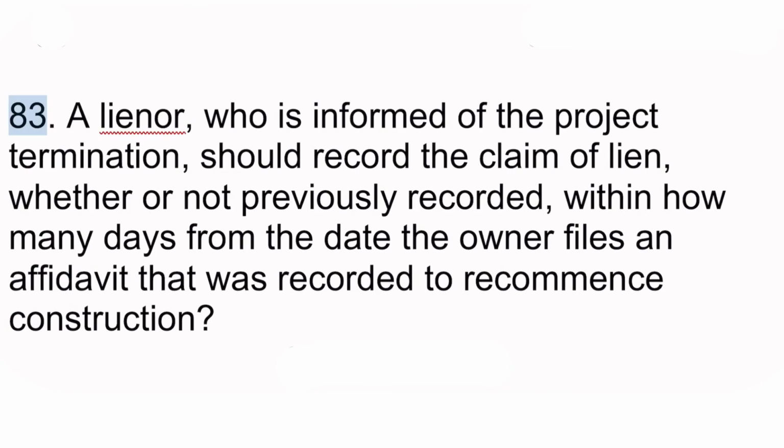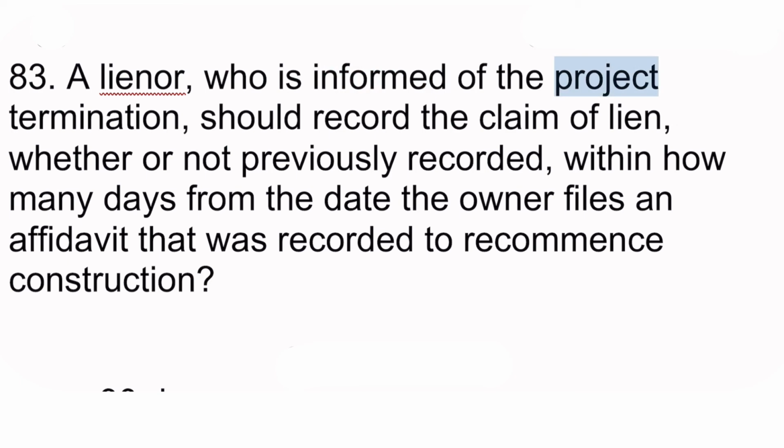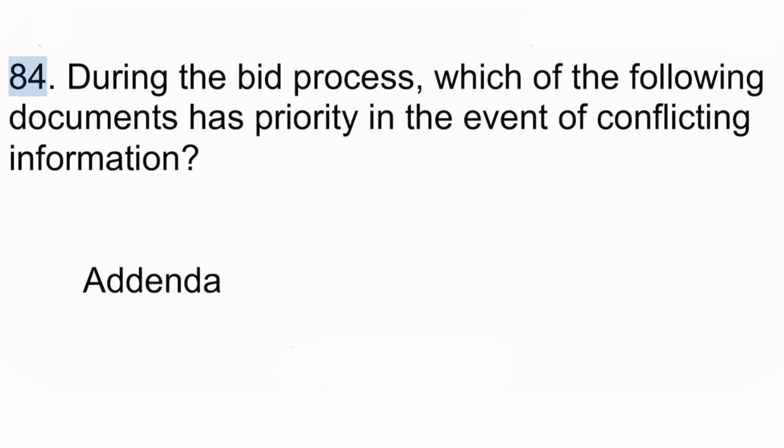83. A lienor, who is informed of the project termination, should record the claim of lien, whether or not previously recorded, within how many days from the date the owner files an affidavit that was recorded to recommence construction? 30 days. 84.